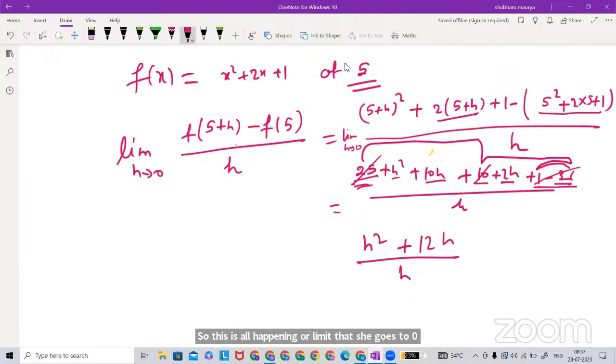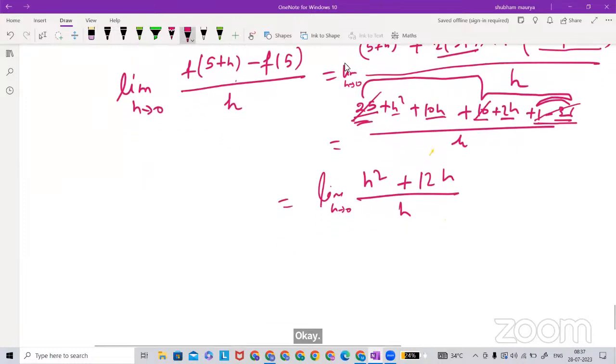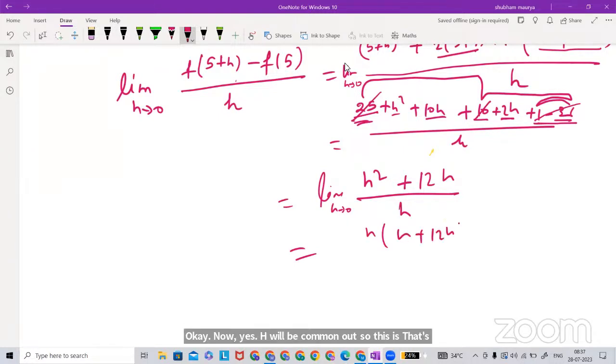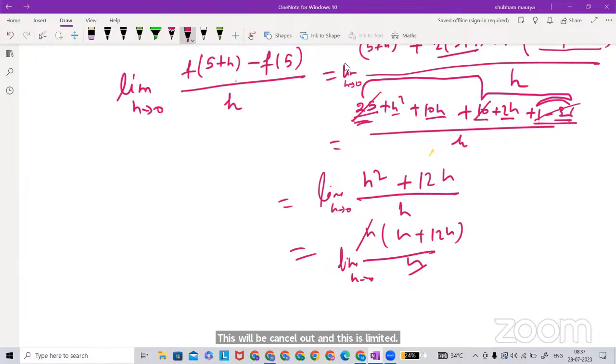Can we take the common h out? Yes, h will be common. So this is h into h plus 12, upon h. The h cancels out, and this is the limit as h goes to 0 of h plus 12.